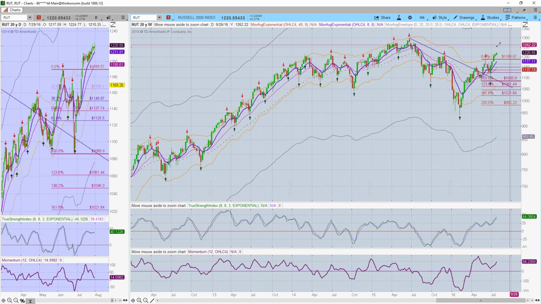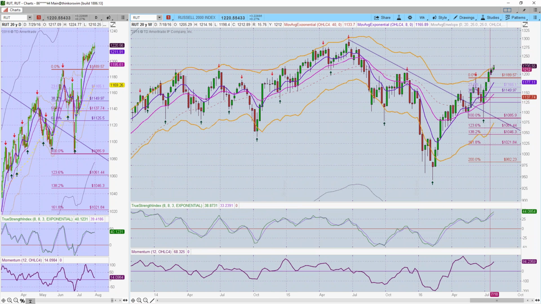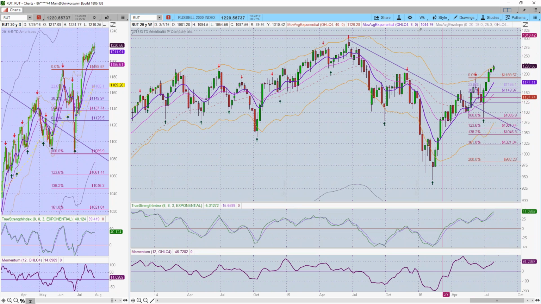And as we can see over here, that hasn't quite happened yet. We got the one touch here, got the real nice pullback, and then a rebound. Excuse my voice. Sounds like it's going a little bit.